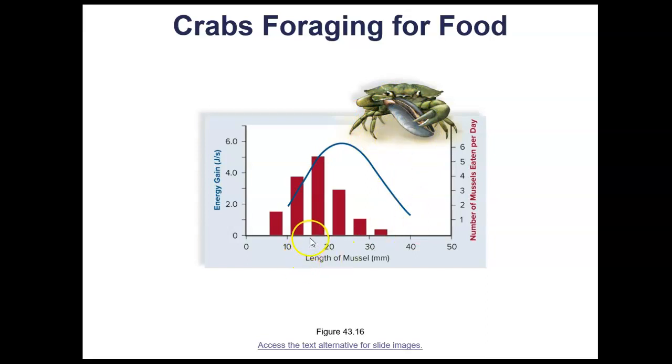The mussels that have the average length are the ones that the crabs tend to go after, because the cost of getting to the mussel itself is not as great as it is with the larger ones, the ones that have the longer length. But if the mussel is too small, they're not going to get enough food out of it. So they go for the average size.